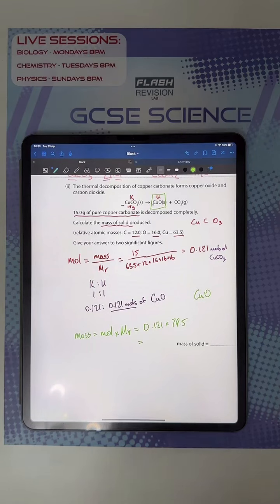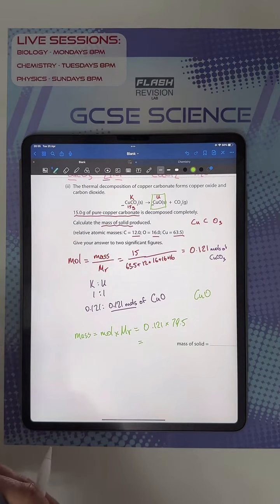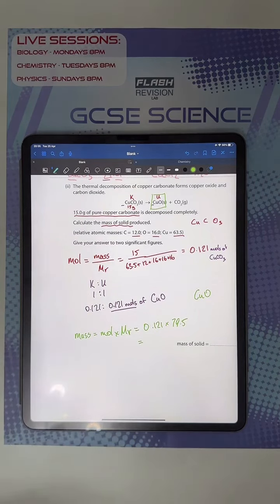So 79.5 times 0.121, we've got an answer of roughly 9.6, I think 9.9 is a bit too high. 9.93, right, let me try this myself. Let's see what I get. So around 9.6, 9.7.